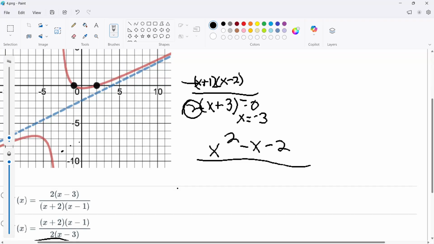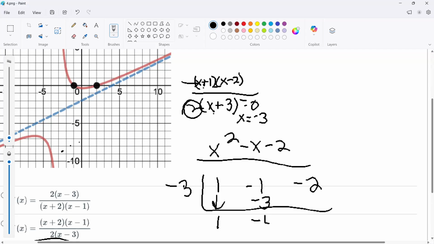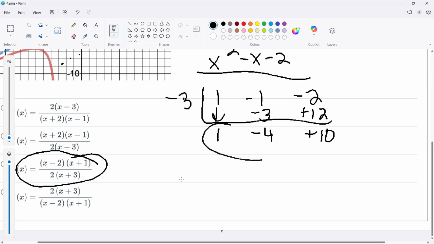So the degree of the numerator is exactly 1 bigger. x times x is x squared. This is just x to the first. So I'll put 1, minus 1, minus 2, and I'll put minus 3 here. The 1 comes down. Negative 3 times 1 is negative 3. That's negative 4. Negative 3 times negative 4 is 12. And that's 10. And so this is going to be the slant asymptote, 1 degree smaller.